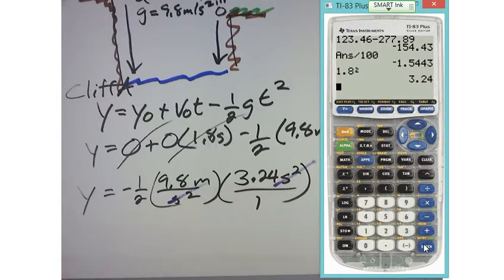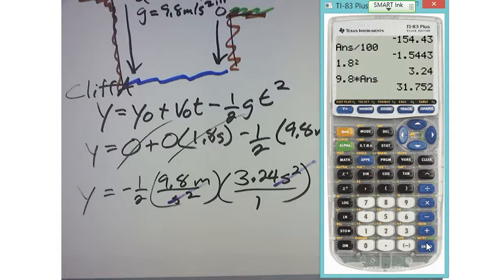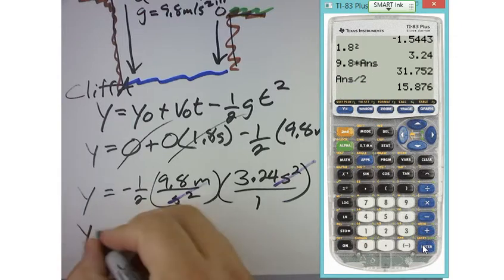So I've got across the top 9.8 times 3.24. And that gives me 31. And then I've got to divide by 2 because of the 2 here, right? So cliff A has a distance.